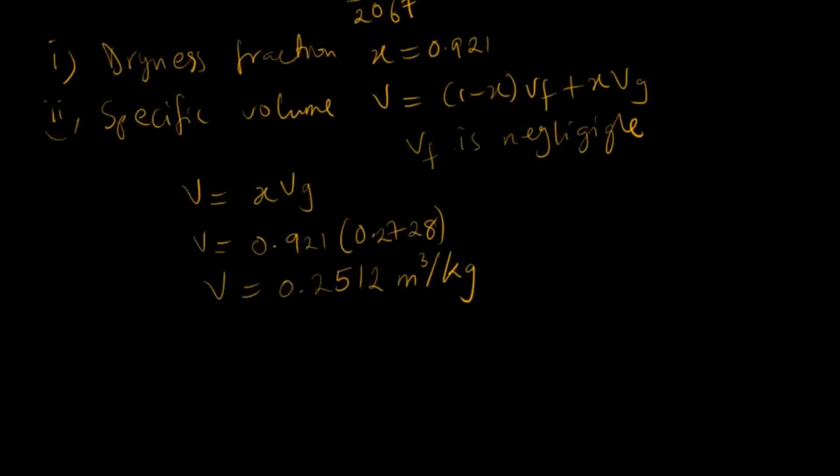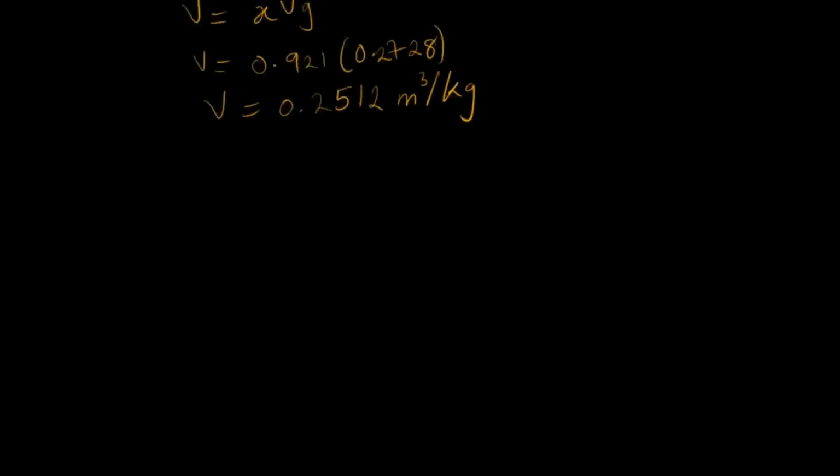So we have gotten the dryness fraction, specific volume. The next is specific internal energy. Yes, specific internal energy. That also can be denoted by this, which is (1 minus x) uf plus x ug.